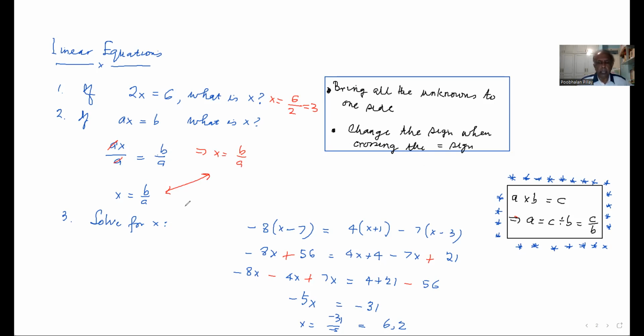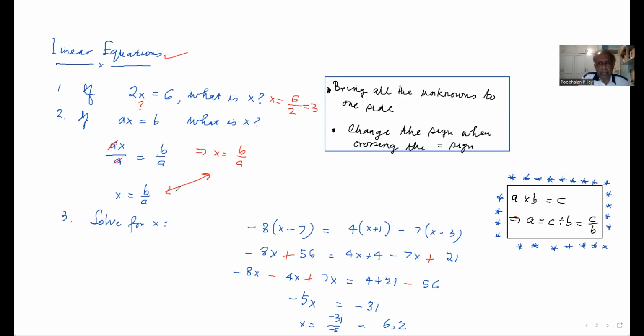Okay. Now, that brings us to what we call linear equations. Now, this is an example of a linear equation. A linear equation has got an unknown. The x is an unknown, right? And it appears only as x, not in any other form, not x squared or anything like that, just as x.